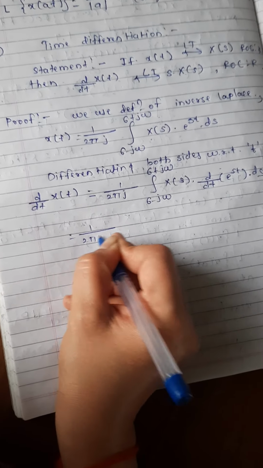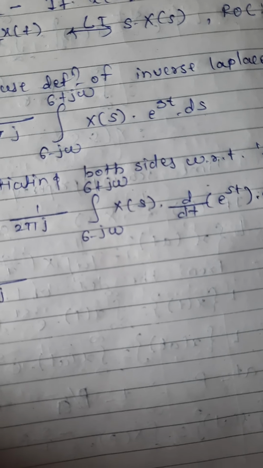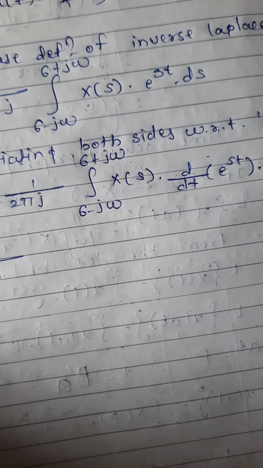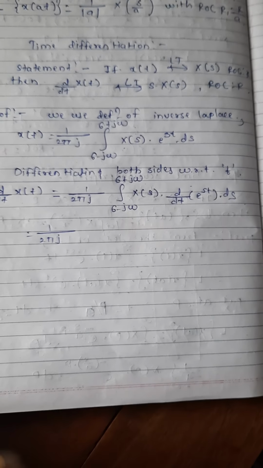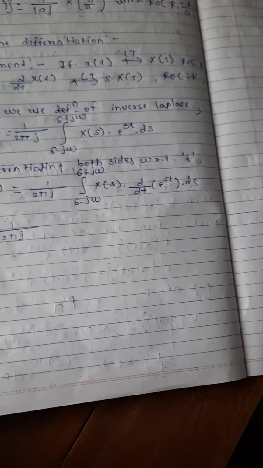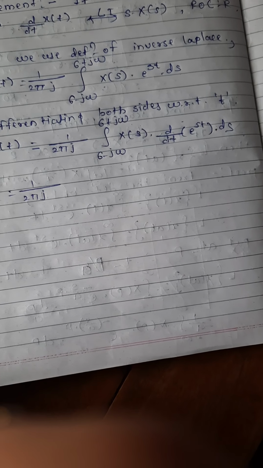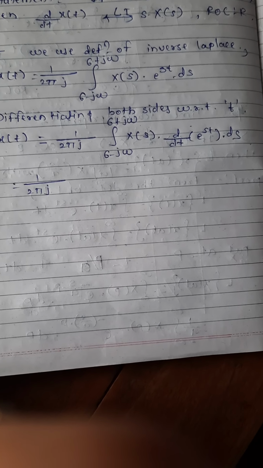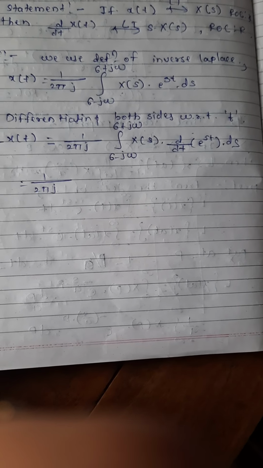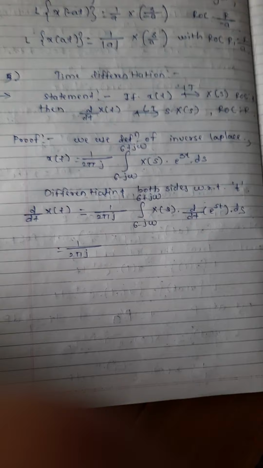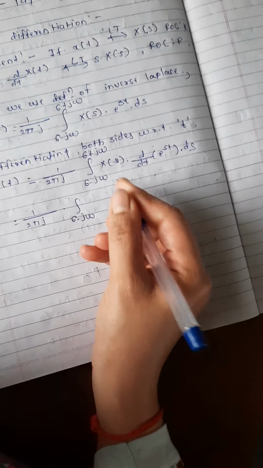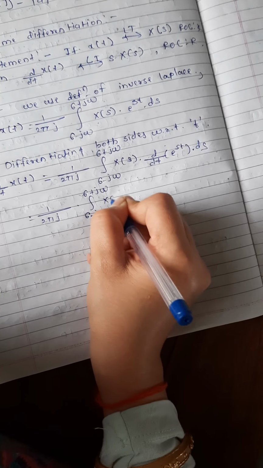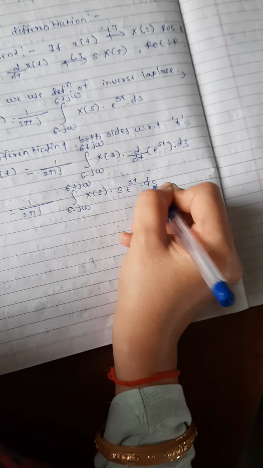So we simplify, it is 1 by 2 pi j into integration sigma minus j omega to sigma plus j omega x of s into s e raised to st ds.